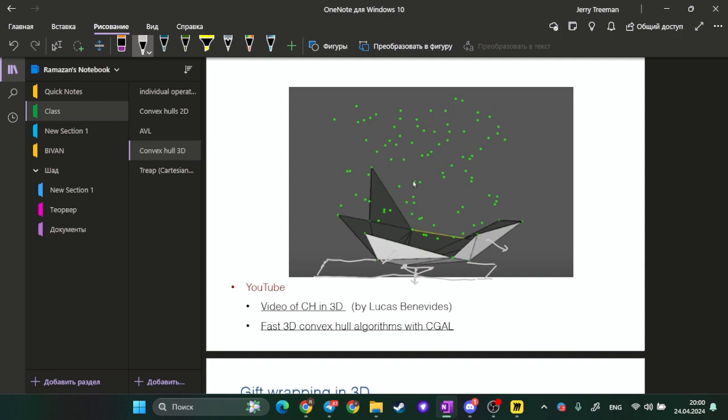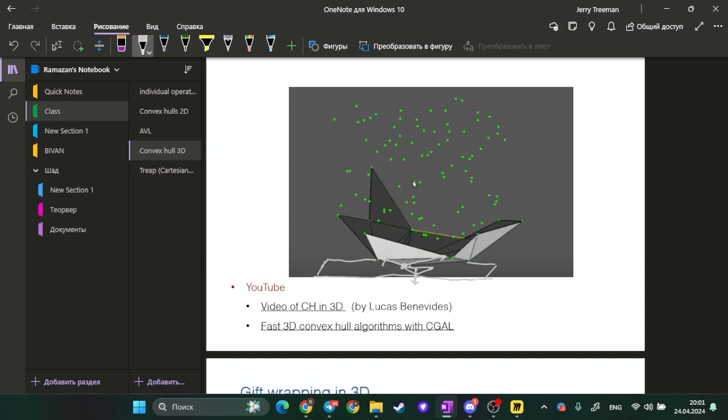Then we need to compare the vector that will be oriented outward from our polygon with all of these vectors. We compare it a little bit later. We need to choose the first edge, and we need to compare this vector with all of these vectors located from this point.